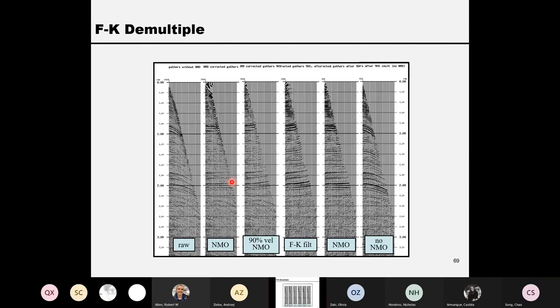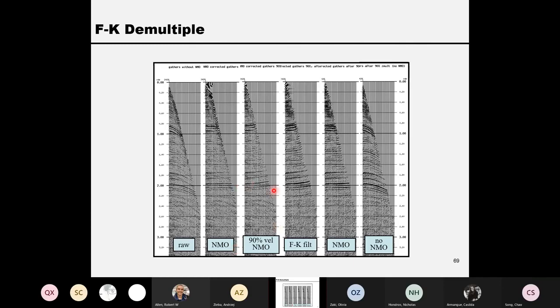If you want to overcorrect, it means you want this term to become larger, which means you want the denominator to become smaller, which means you try to reduce your NMO velocity. To achieve overcorrection, you just reduce your NMO velocity.